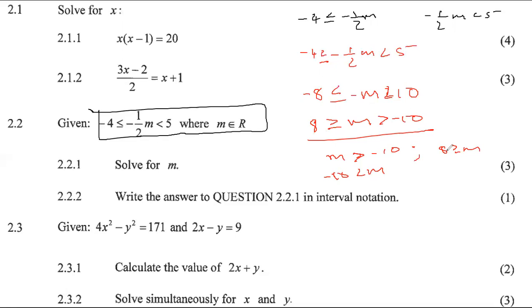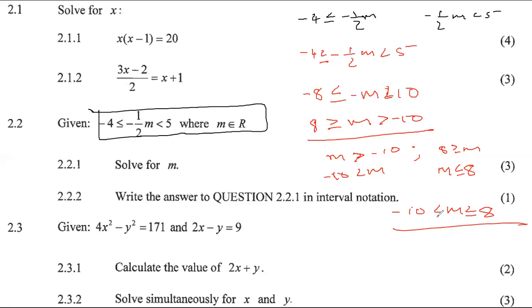And saying 8 is greater than or equal to m is the same as saying m is less than or equal to 8. So you can see we have m in the middle. So the nice way to write this, guys, is to say minus 10 is less than m, which is less than or equal to 8.